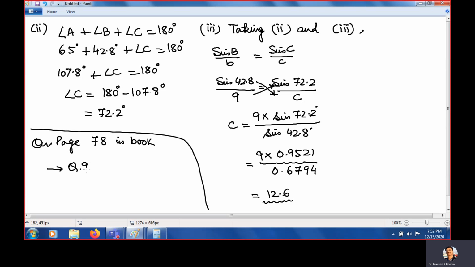So question number 9, clear. What is question number 9? Two sides and one opposite angle are given. And question number 10, what is given? Two angles and any one side are given. So question 9 and question 10 both can be solved with the help of the sine rule. In the exercise, no question related to the cosine rule is given, both questions are related to the sine rule.